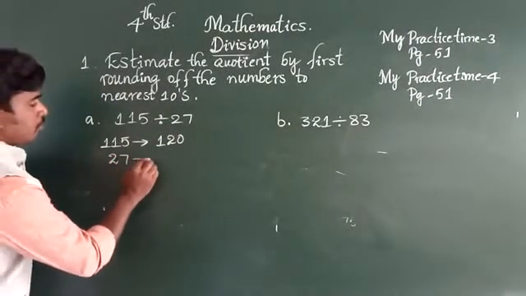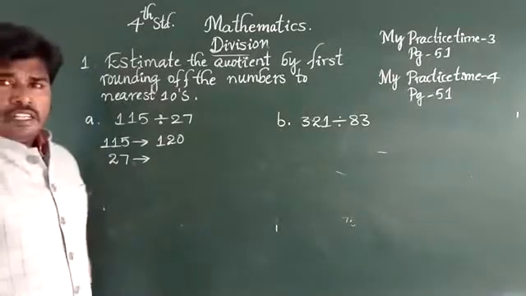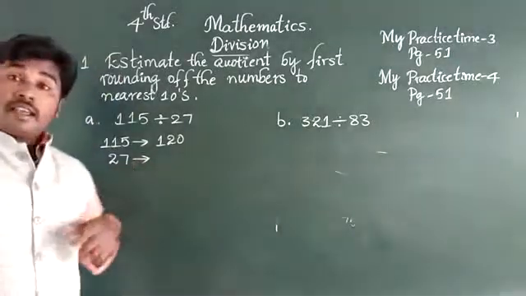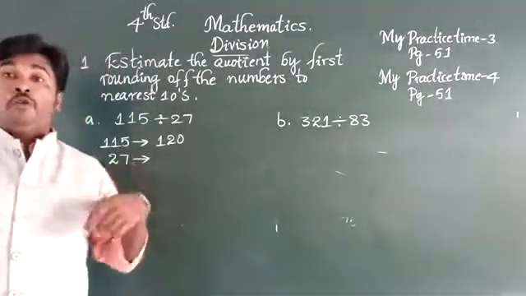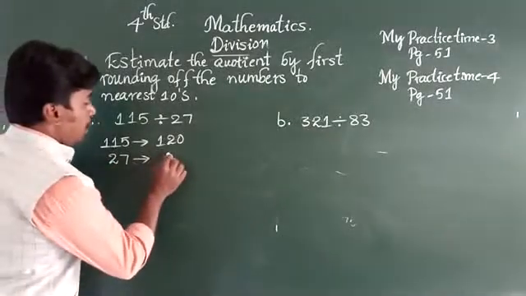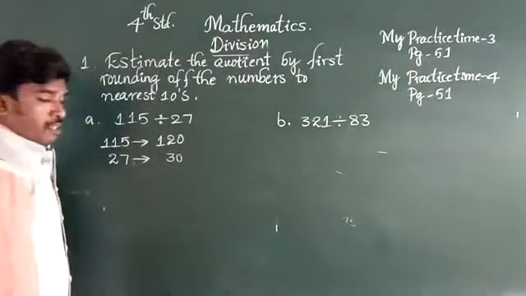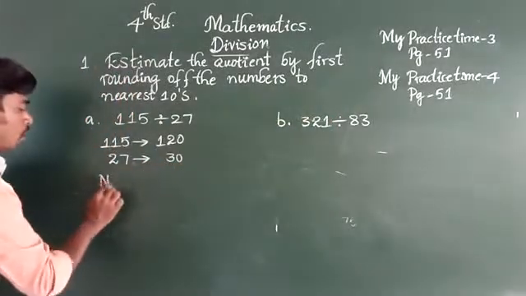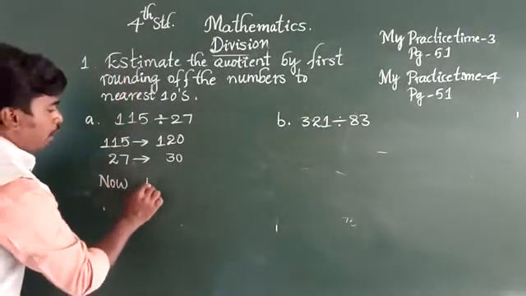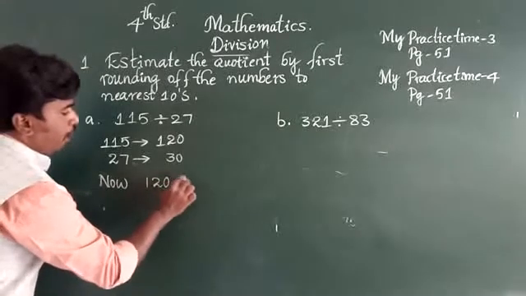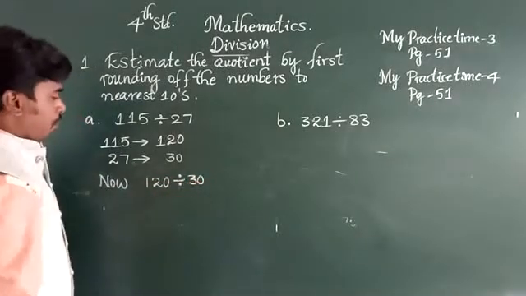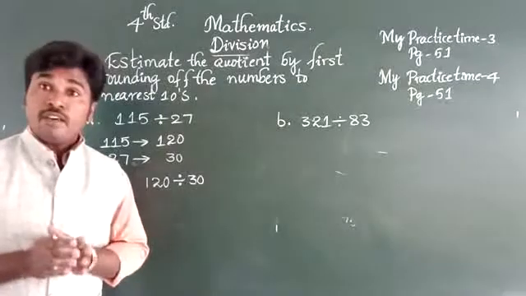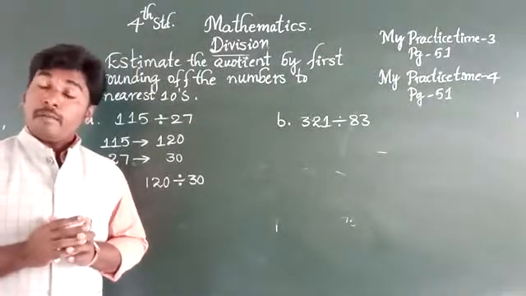Now come to 27. What is the nearest 10 for 27? Here 7 is greater than 5. Then you go to the next 10, it is 30. Then you can easily divide. Now 120 divided by 30. Dear children, you know the tables of 3. 3 ones are 3, 3 twos are 6, 3 threes are 9, 3 fours are 12, 3 fives are 15. So you know the multiples of 3.